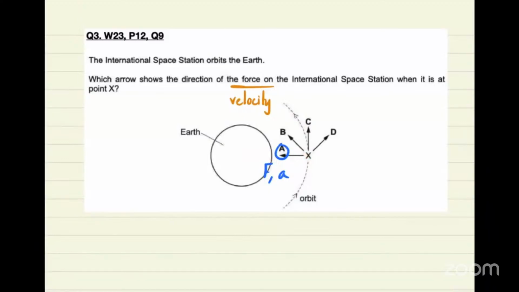If this is the direction of the orbit, you need to know that for an object in circular motion, the velocity is tangential to the path of the circle, right? So right at this point, if gravity ceased to exist, then this space station would just go in the direction it was last moving in. So in that case, it would have been C. But as the question is, it's A.